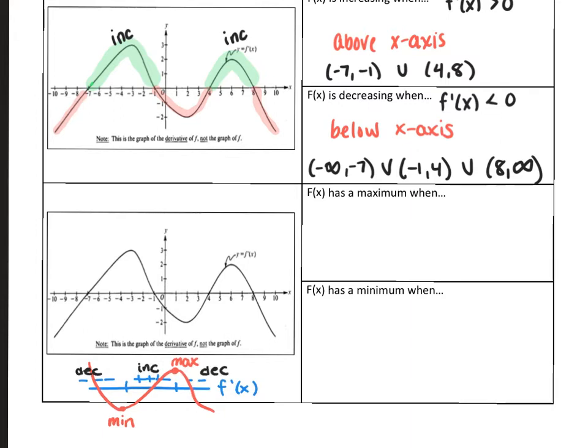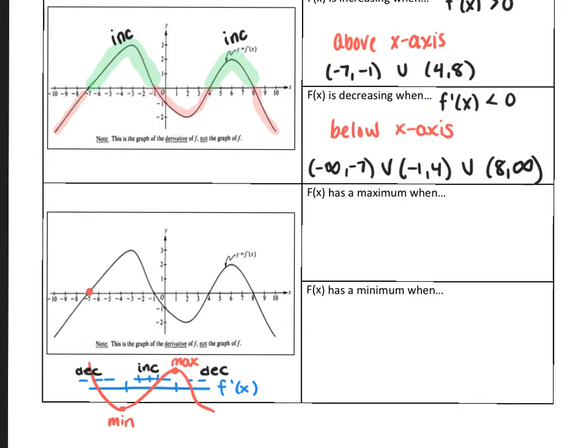If we talk about increasing and decreasing, it's when I'm above or below the x-axis. So whenever I have a change from above to below, I'm going to have an increase or a decrease. From decrease to increase, it's a minimum. From increase to decrease, it's a maximum. So let's look at this value right here.